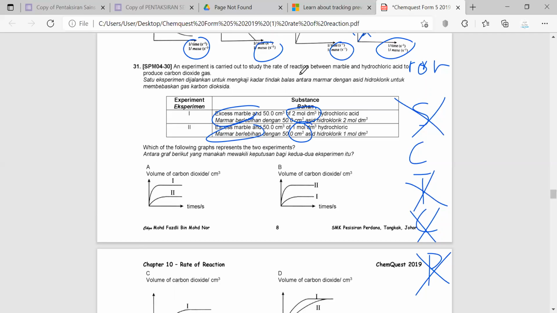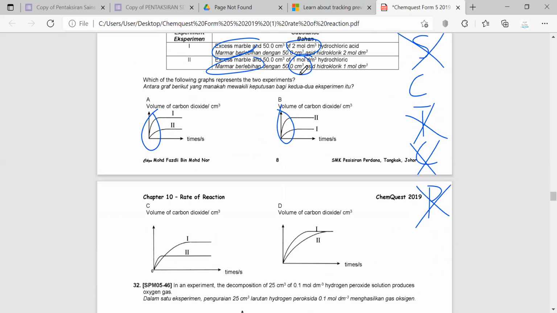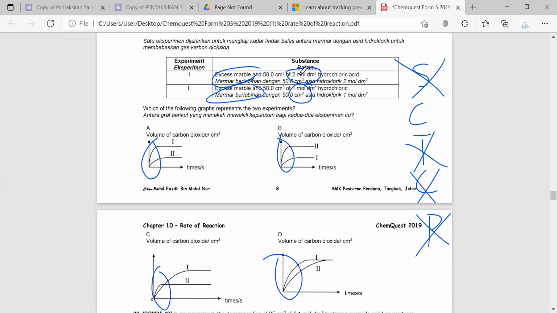Now I want you to take note. The factor here will only affect the beginning part. If you look at the graph, 1 must be higher than 2, correct?